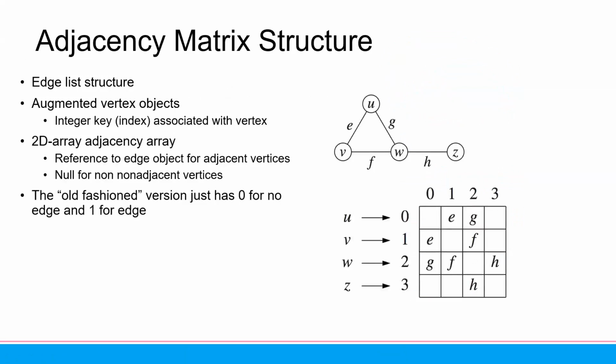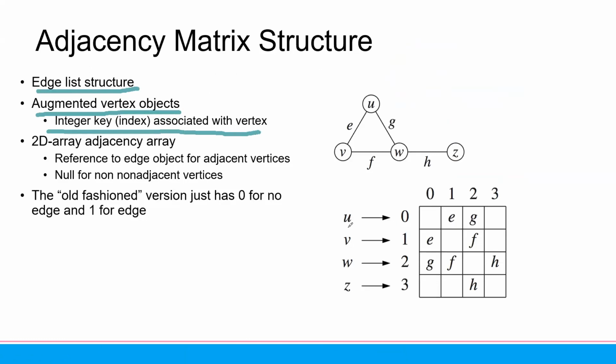Adjacency matrix structure. This is the most common approach. Maybe it is easier to understand because it is in the form of a matrix. But there are several versions of the matrix. It is an edge list structure, and it has the augmented vertex objects, an integer key or index associated with the vertex.